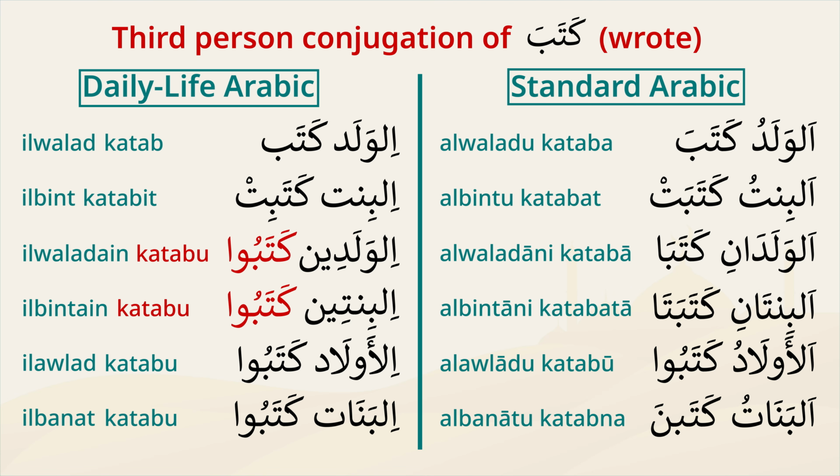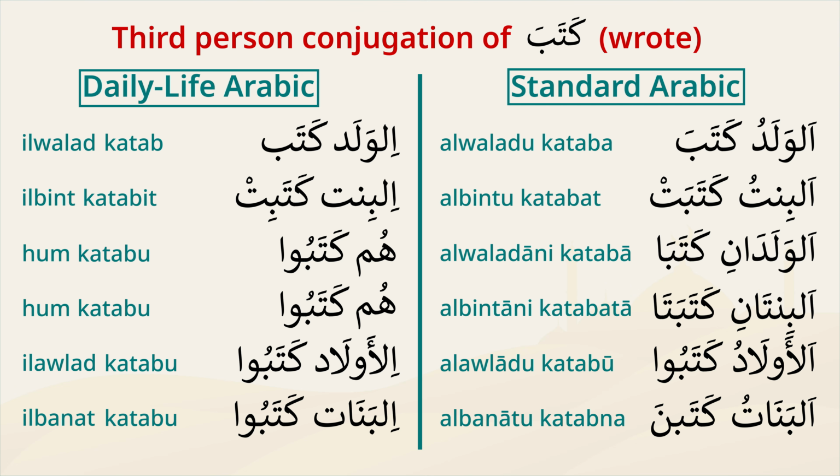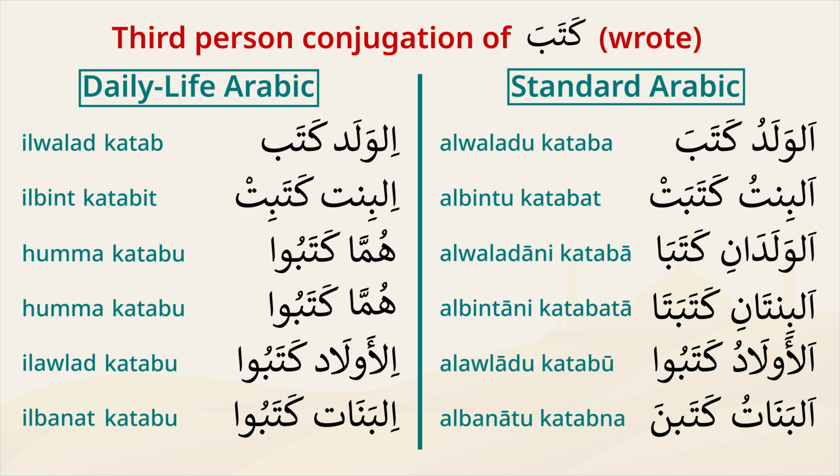On the other hand, if we want to replace these 2 dual nouns with pronouns, the dual form will disappear, and we shall use the plural pronoun for both of them as we saw before. هم كتبوا. Therefore, the dual survives only in nouns, not in grammar.